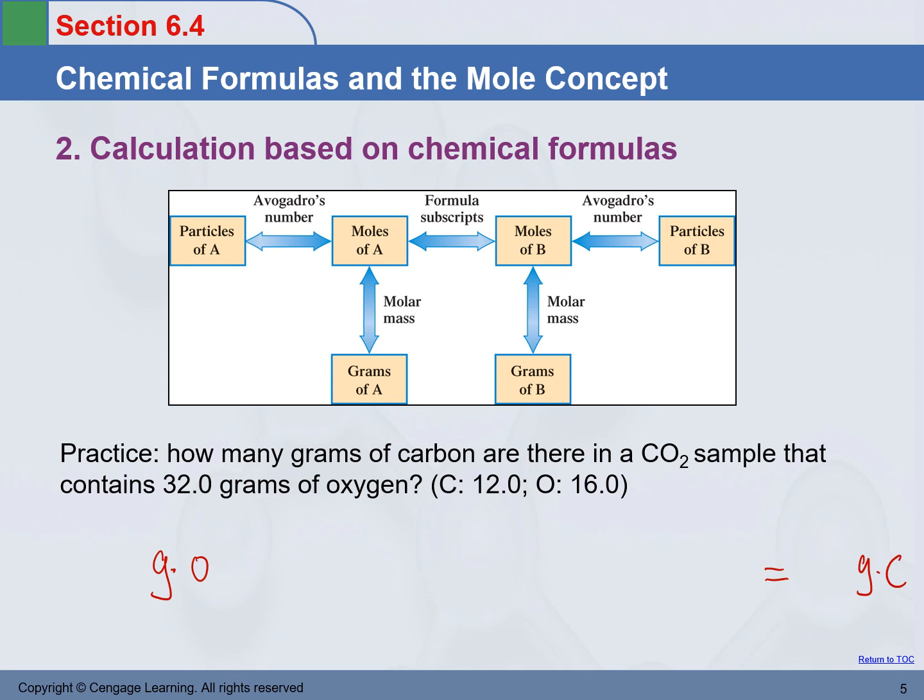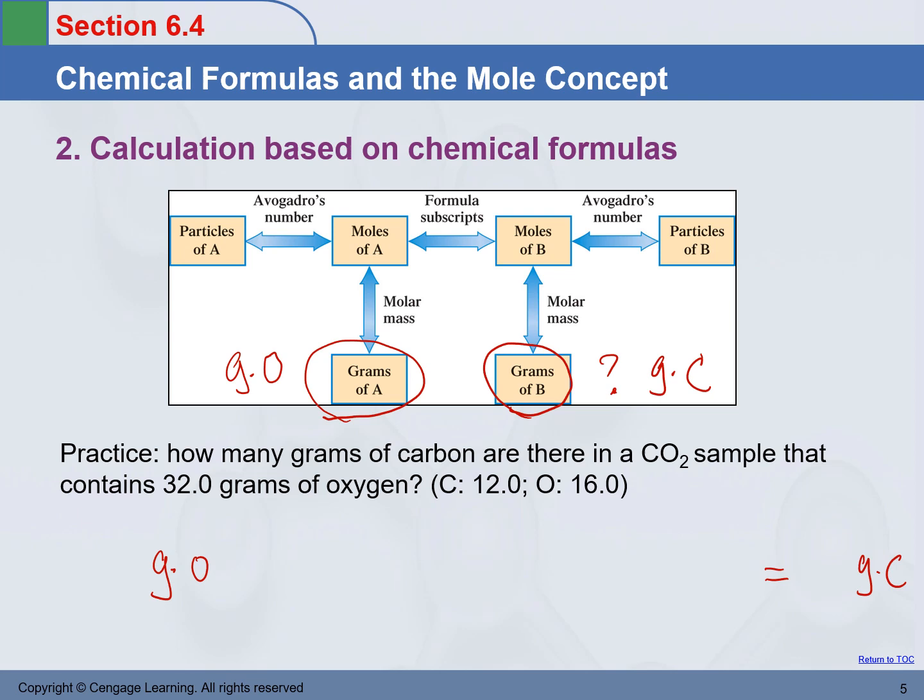We know grams of something. Again, I use grams of A as the box that we know information about. In this case, A is oxygen. Wanted information is grams of something else. And clearly, this is wanted information. You need to go there eventually. B, in this case, is carbon.